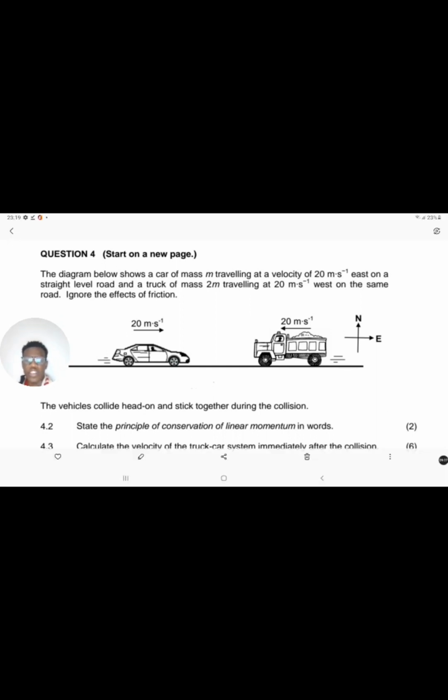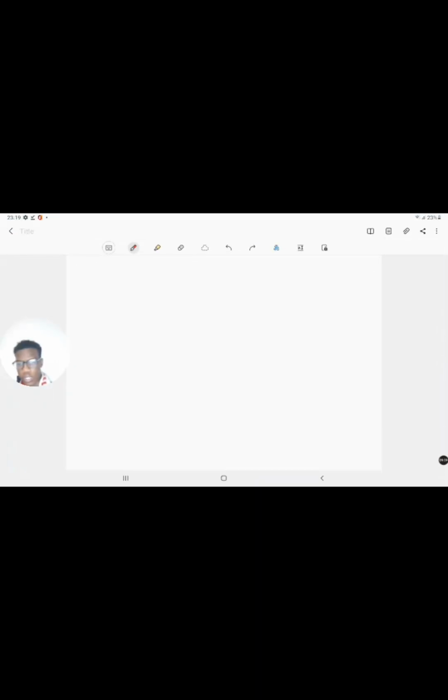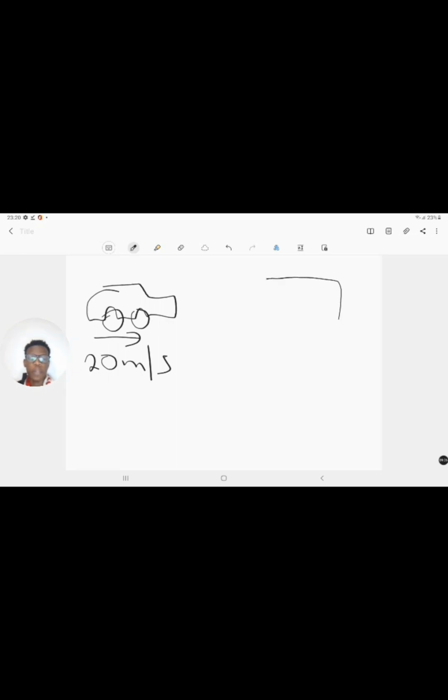What do they mean by the truck-car system? This is what they mean. Remember, initially you had a car with a velocity of 20 meters per second. And you had a truck. I know my truck looks bad.